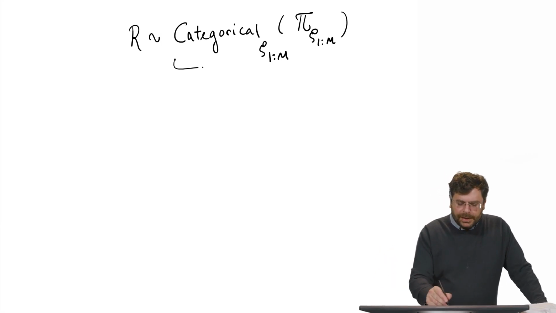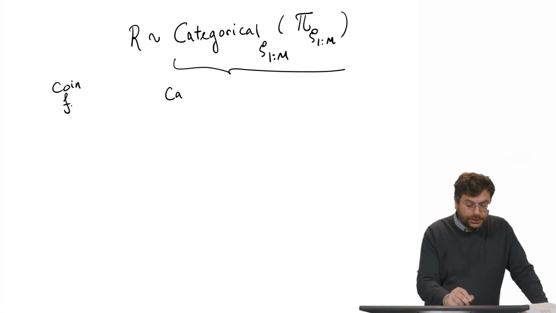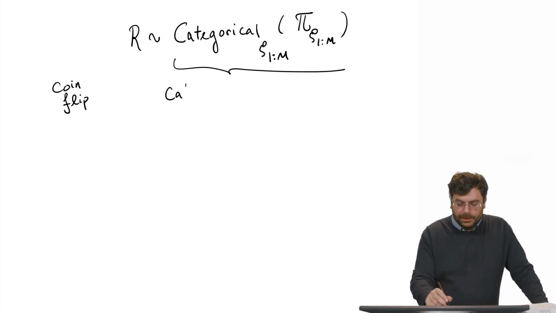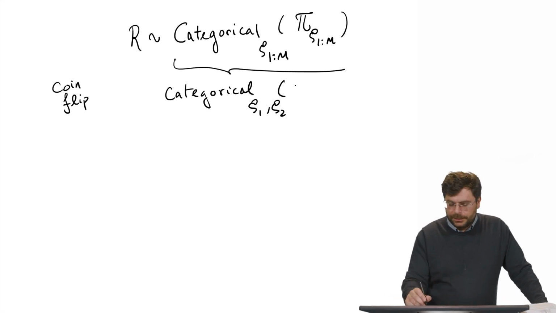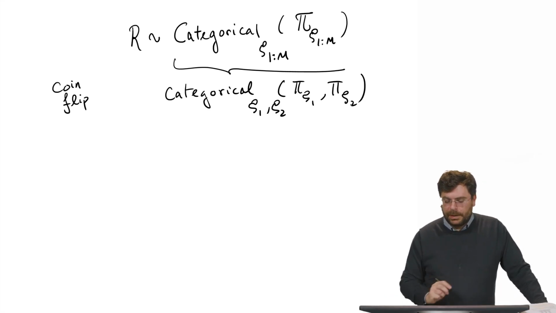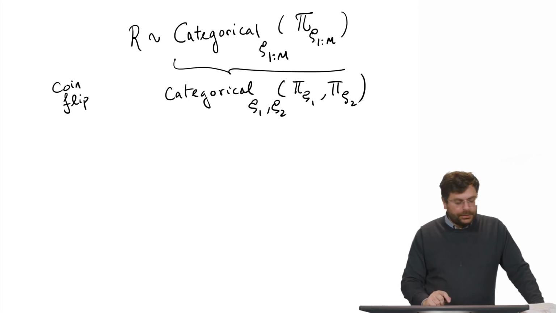So if I were to write out this entire thing a little bit more explicitly, for the case of a coin flip with only 2 outcomes, what I mean by this is that I have rho 1 comma rho 2, and the probabilities for those outcomes are pi sub rho 1 and pi sub rho 2. So this is for the specific example that I have 2 outcomes, or 2 categories, and the above is more generally for M categories.